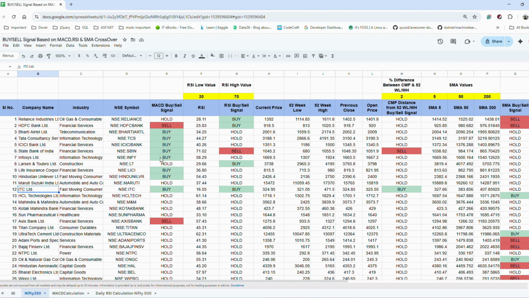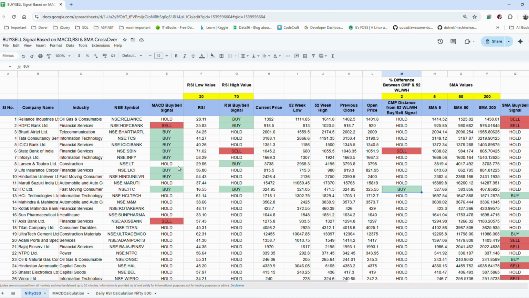You see the MACD is giving a buy signal, RSI is giving a buy signal, the difference between 52-week low and 52-week high is giving a buy signal. But SMA is not giving the buy signal. Why? Because as of now ITC is going down. SMA will only give the buy signal when the stock is going up from its SMAs.